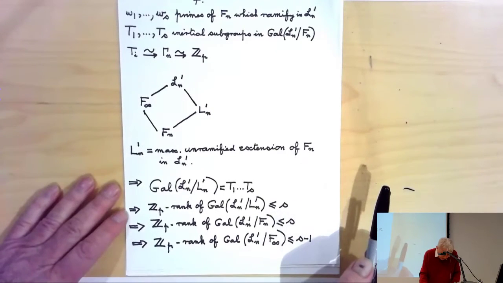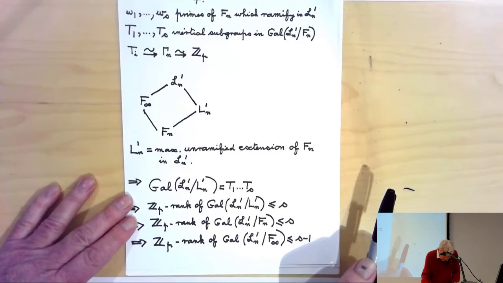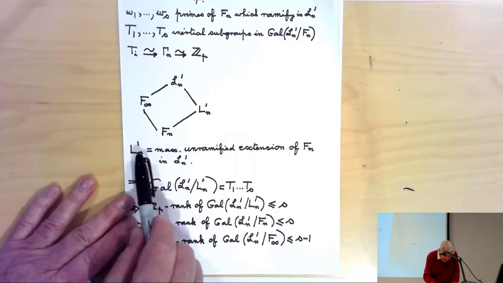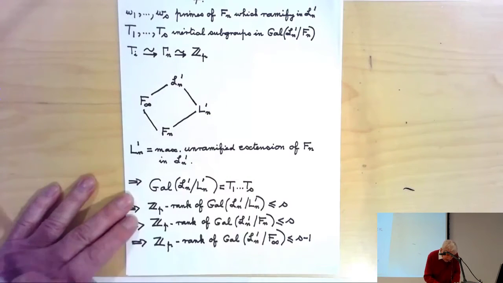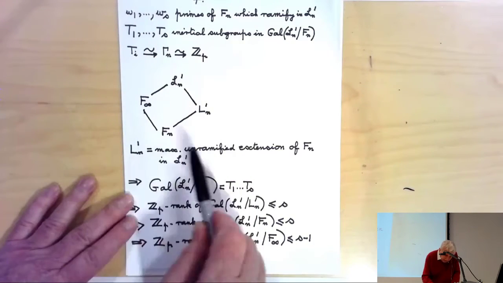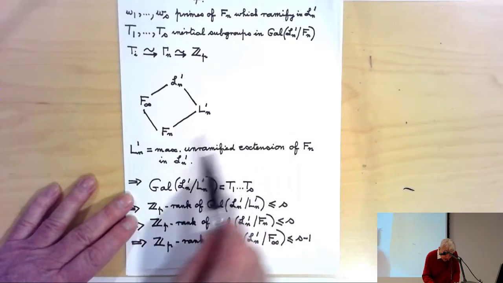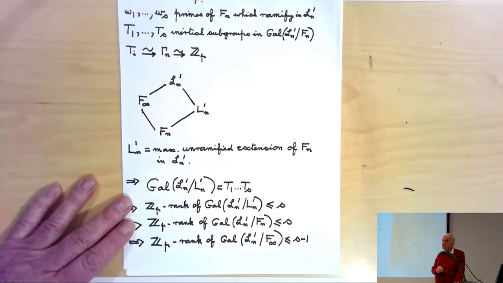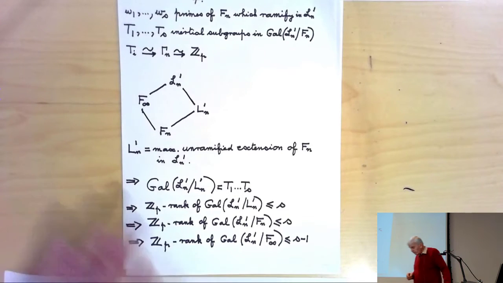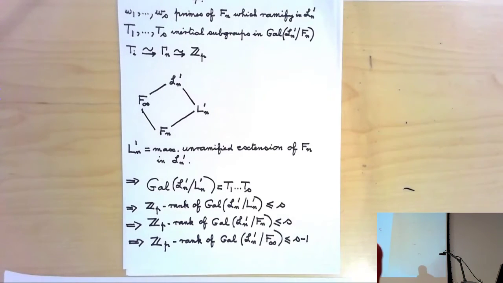And remember, Ln prime, essentially by definition, is the maximal unramified extension of Fn which is contained in curly Ln prime. And therefore, it has to be the fixed field of the subgroup generated by all these inertia groups.